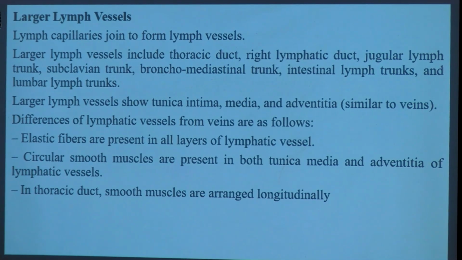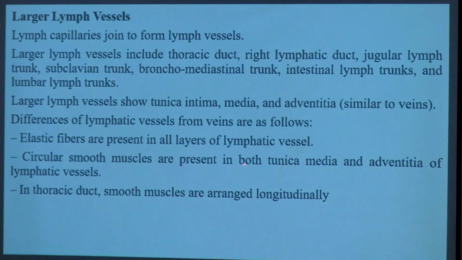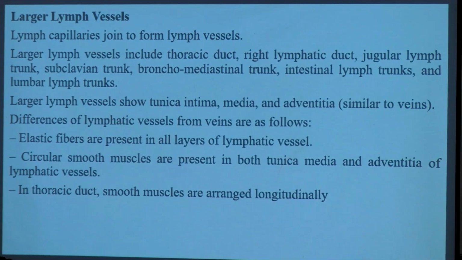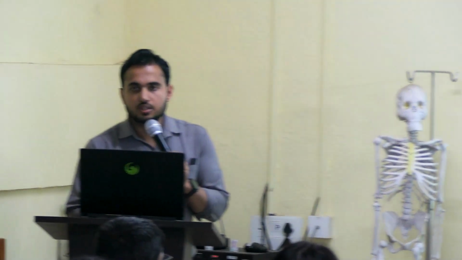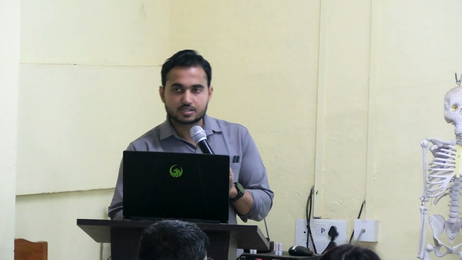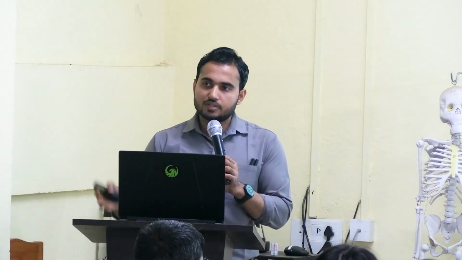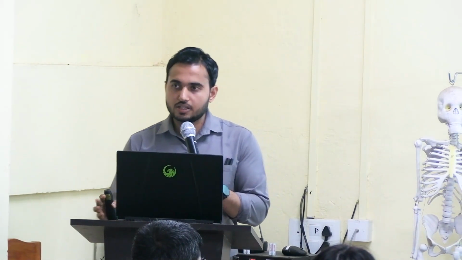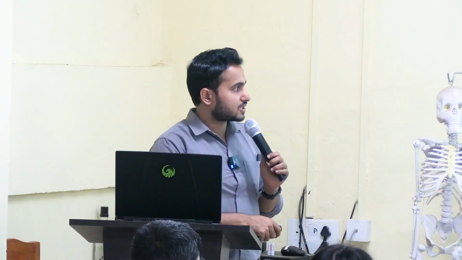This is the first difference. Then circular smooth muscle cells are present in tunica media and adventitia. And in the thoracic duct, smooth muscles are arranged longitudinally. So these are some differences, or else mostly three layers are present and the structure is similar to that of the veins. Only these three differences are there.